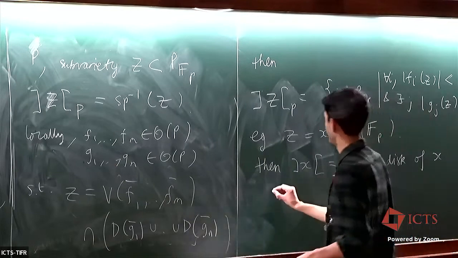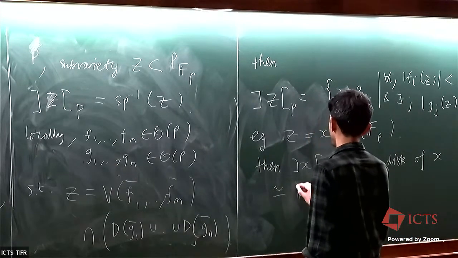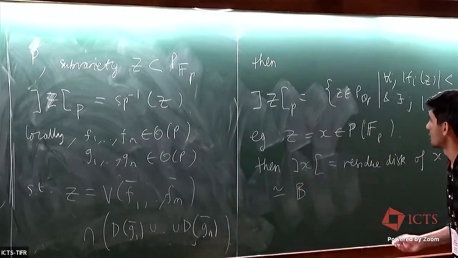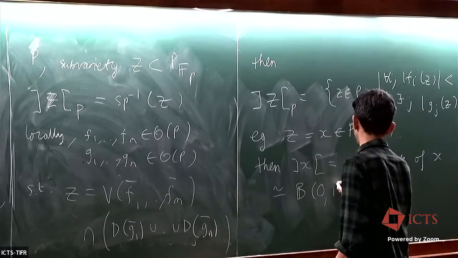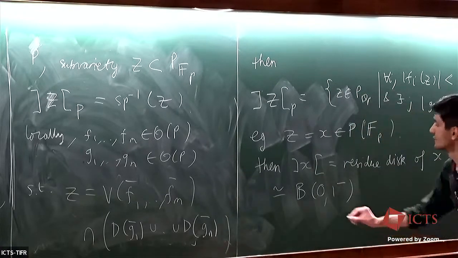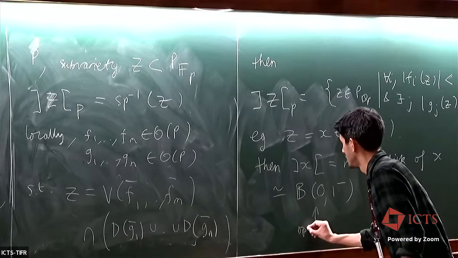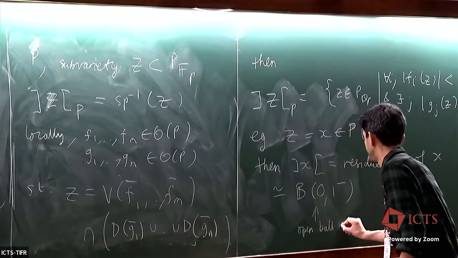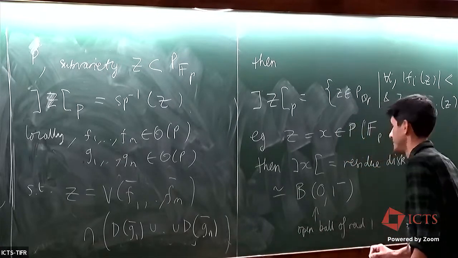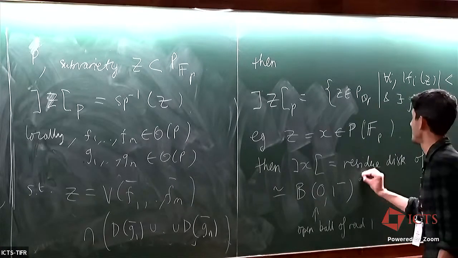As a rigid analytic space, it's going to be isomorphic to the open ball of radius 1, which we're going to call B(0,1)^-, to the d, where d is the dimension.